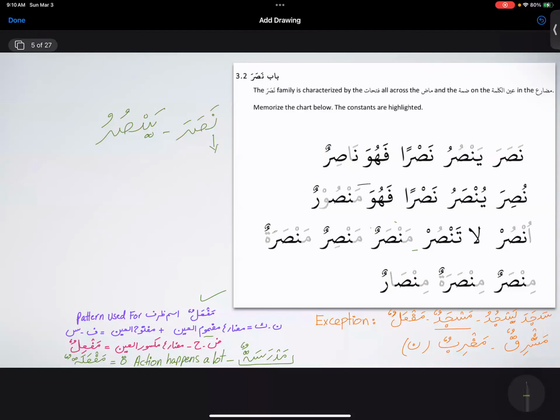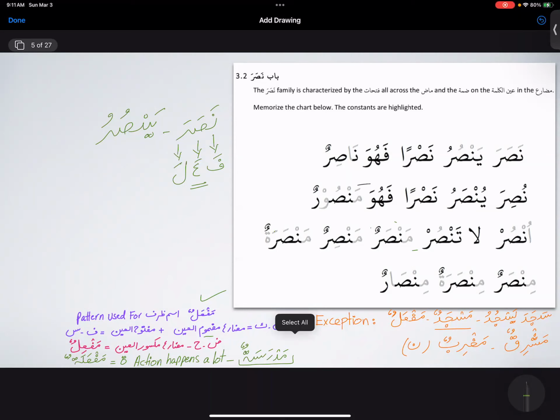So this noon is my fa kalima, my saad is my ayn kalima, and ra is my lam kalima. And then I'm going to put the harakat the same as it has, all fathas. Now I have fa'ala. So nasara is on fa'ala. If I ask you to tell me about this ayn kalima, you should say that this is maftuhul ayn. The ayn kalima is maftuhul ayn over here. What does that mean? That the ayn kalima has a fatha on it.